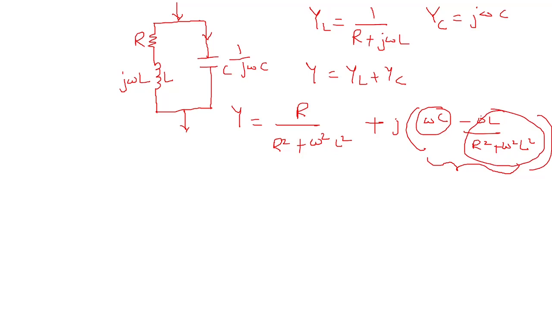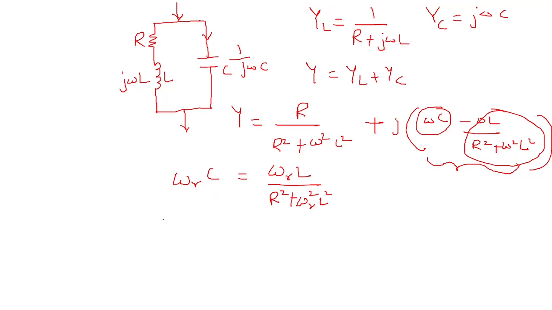After rearranging, we get omega, the angular resonant frequency, times C equal to omega L upon R square plus omega square L square. We have converted omega to omega R because it is the angular resonant frequency.